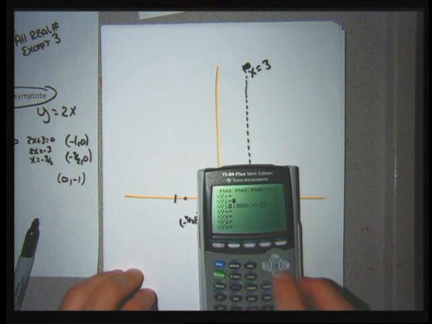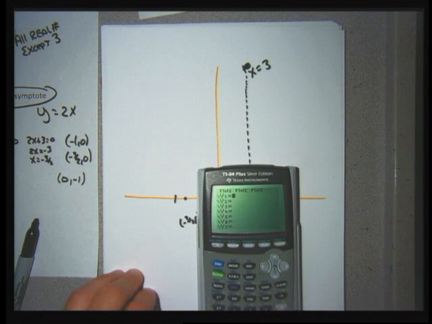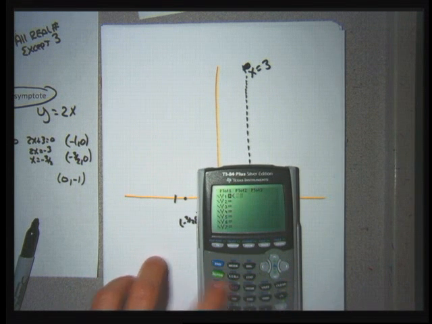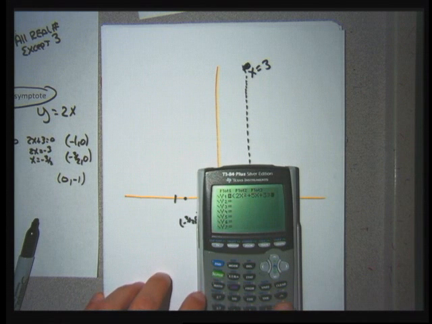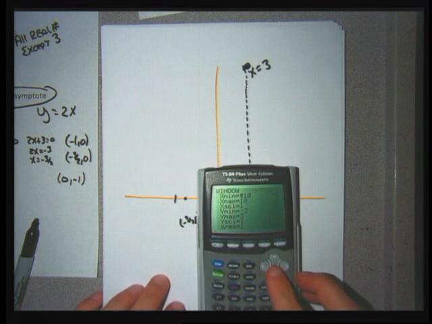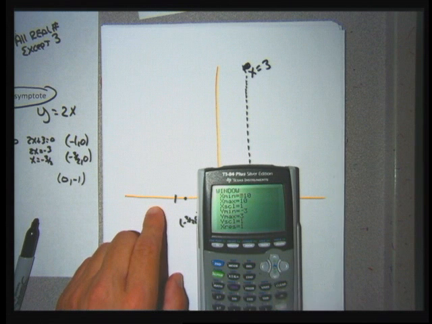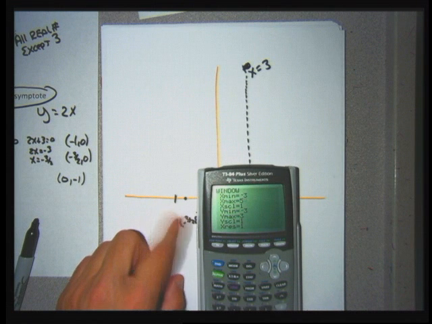I'm going to clear out all these things and enter 2x squared plus 5x plus 3 divided by x minus 3, hit my window, and negative 10 to 10 on the x's might not even be okay. I'm going to really focus on this region, so I'm going to go from maybe negative 3 to 5 on the x's so I can see the vertical asymptote and be just around the x-intercepts.